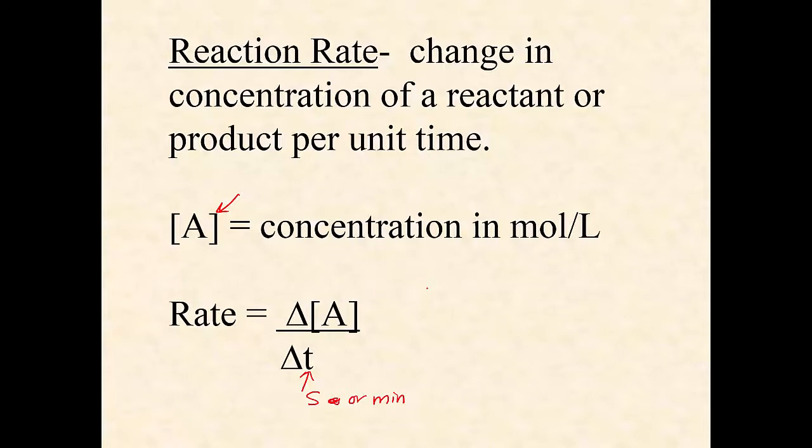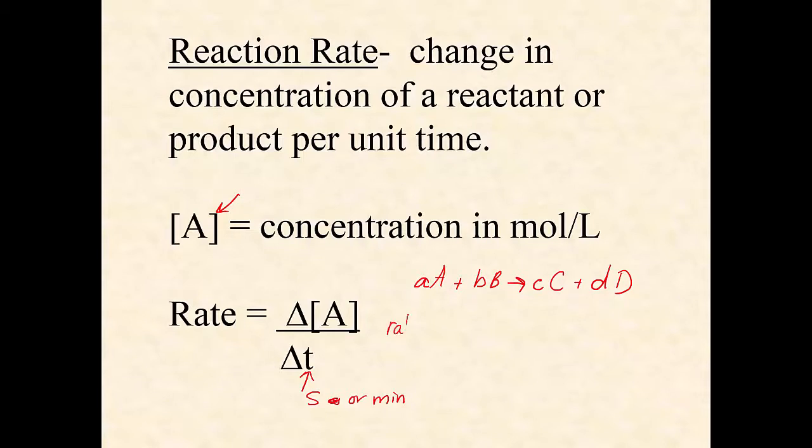Let's do a shorthand, a sum up of looking at the reaction. If I have A plus B going to C, let's be very generic here. We want to know how these rates are going to change.